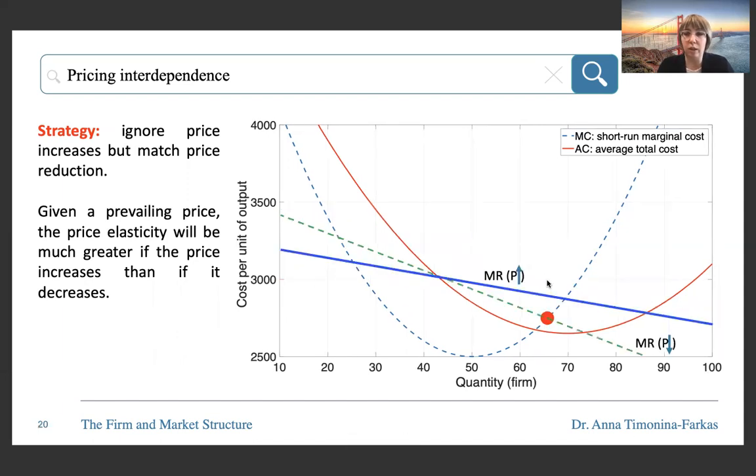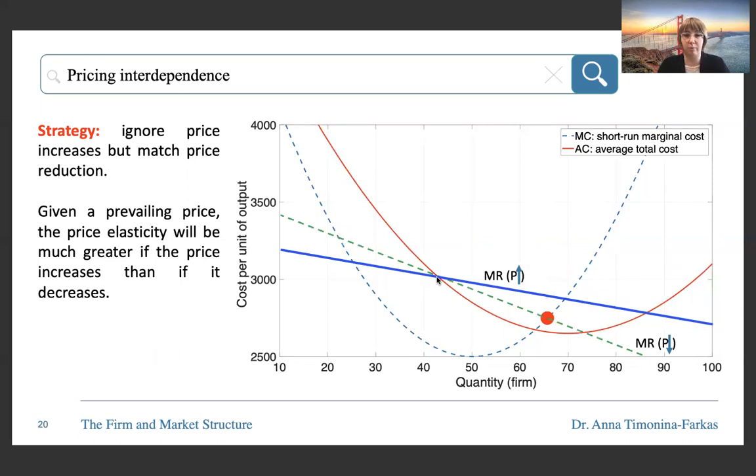The same, however, will happen also for the marginal revenue. Marginal revenue, if the price increases, will look in the following way, shown with the blue line here, and marginal revenue shown with the green dashed line will be for the case when the price decreases. Again, the difference happens because of changes in elasticity. So if companies match price decreases of other companies, the elasticity is lower in this case.